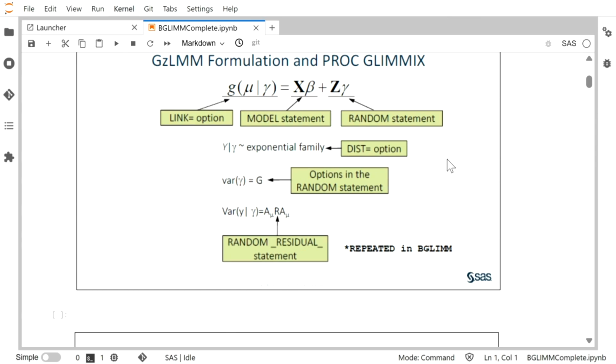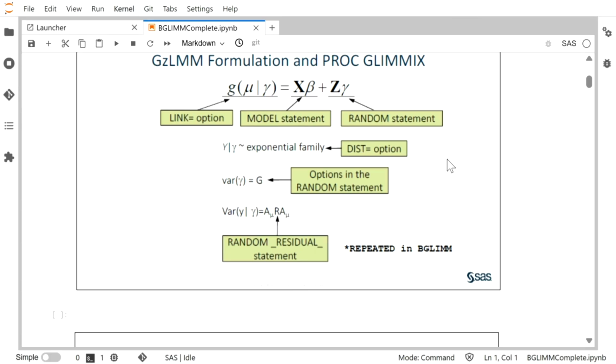Now, the one thing that people got confused about, if you are an avid PROC MIXED and PROC BGLIMM person: do you remember that in PROC MIXED you have RANDOM and REPEATED, and then in PROC BGLIMM you have RANDOM and then RANDOM _RESIDUAL_? Remember that? I have good news for you. The developers listened to the grumblings of multitudes of people, me included, who said, why did we go away from the word REPEATED?